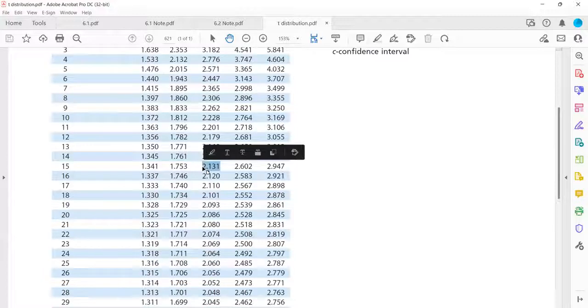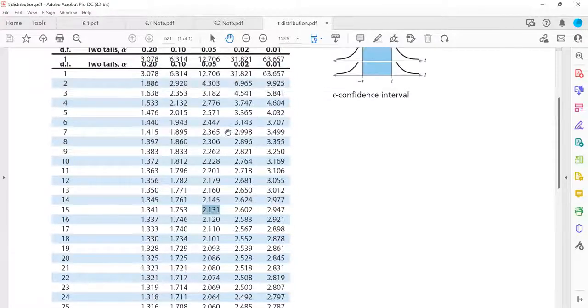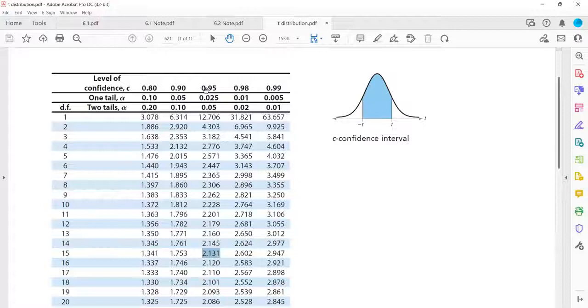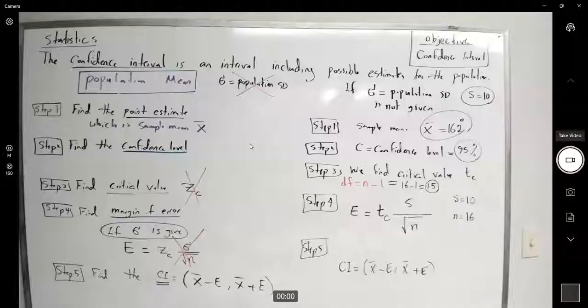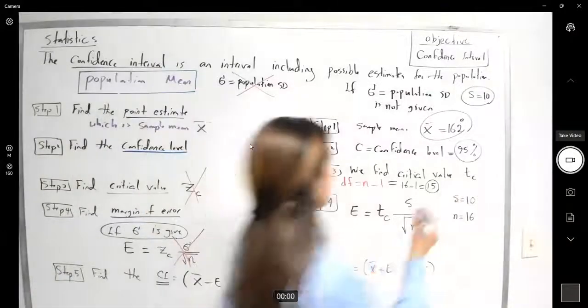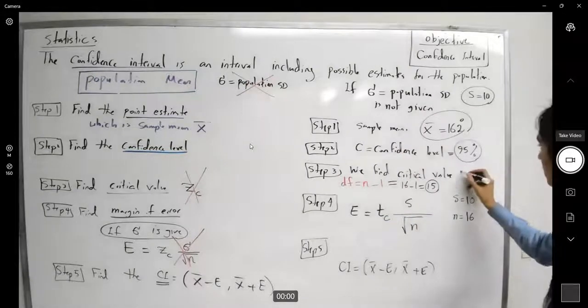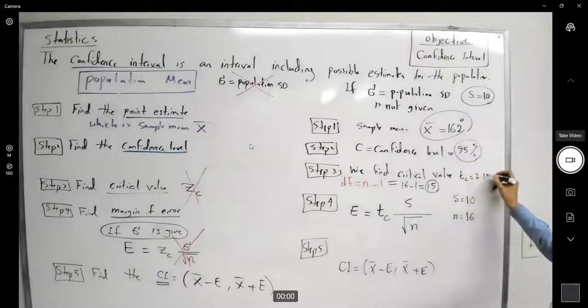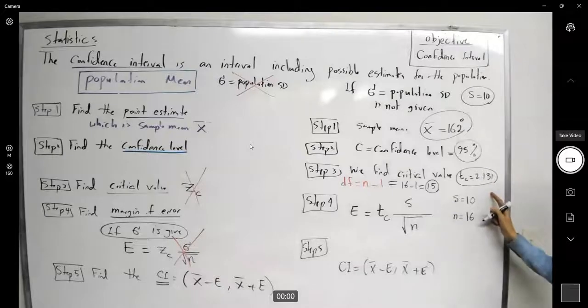You can use your website as well to calculate the TC. 95% confidence level, and the degrees of freedom is 15. The intersection is 2.131. That is T sub C.